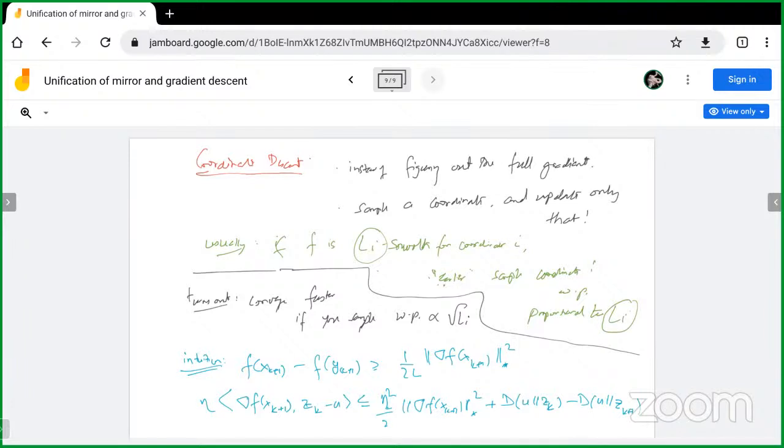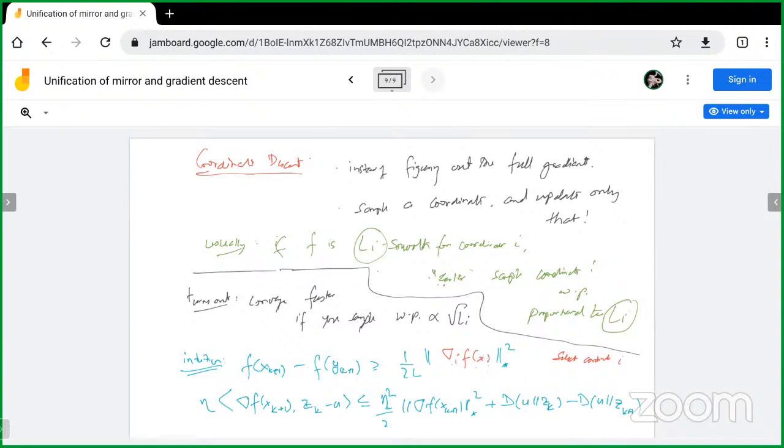So another point is, what if we select coordinate i? Then roughly speaking, this is like the partial derivative in coordinate i, or gradient i, of f of x squared, something like this, right?